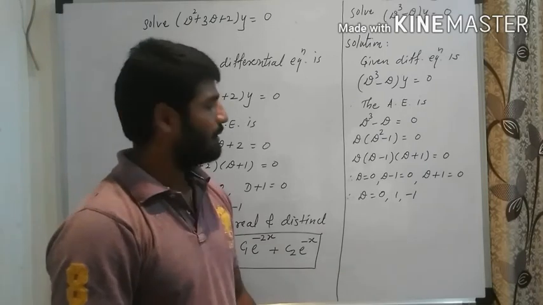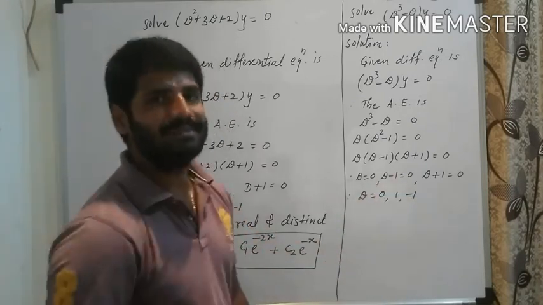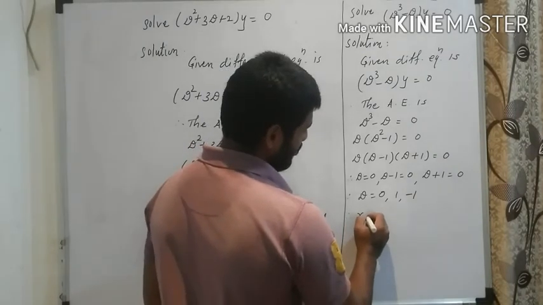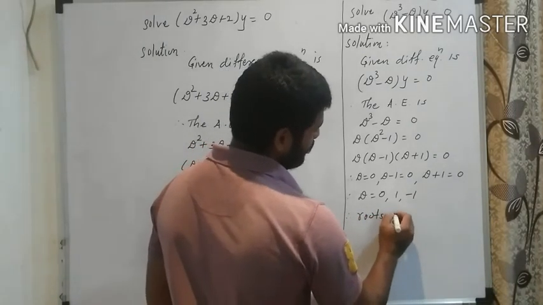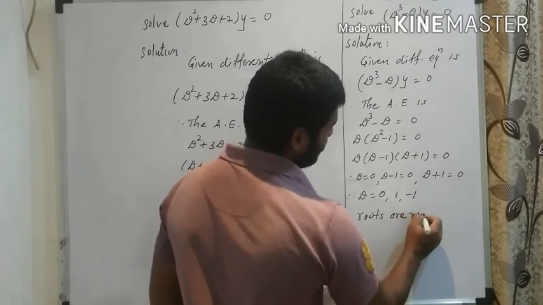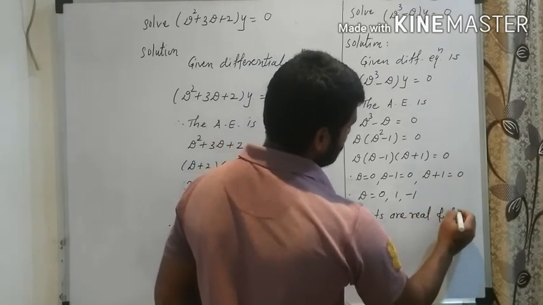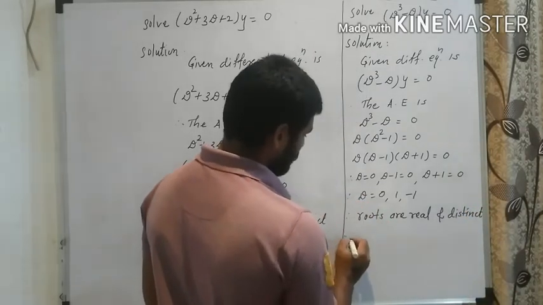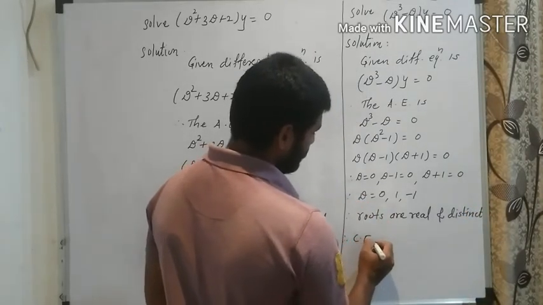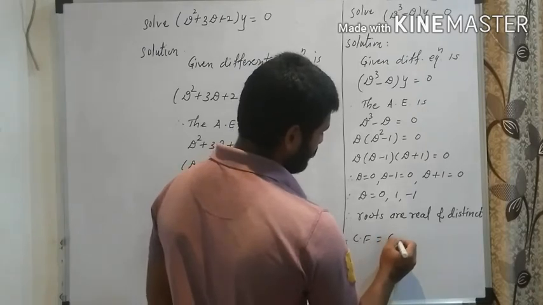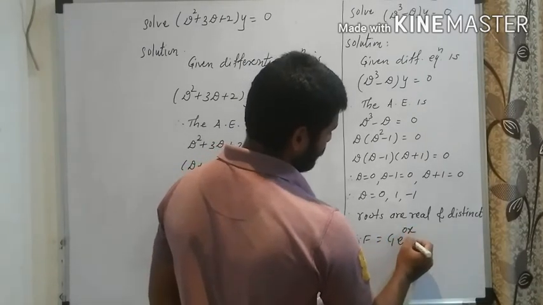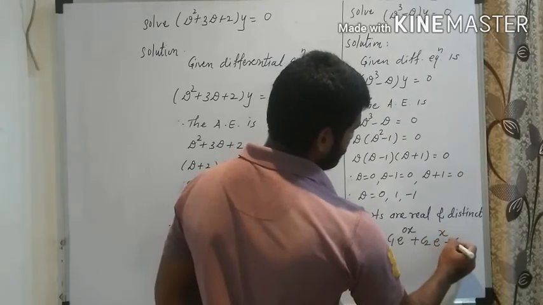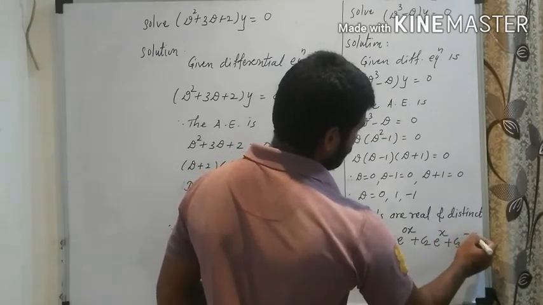Now observe the roots. All roots are real and distinct. So corresponding complementary function can be written as, roots are real and distinct. Therefore, complementary function is equal to c1 e raised to 0 into x plus c2 e raised to 1 into x plus c3 e raised to minus 1 into x.